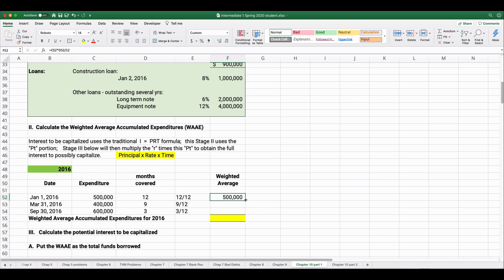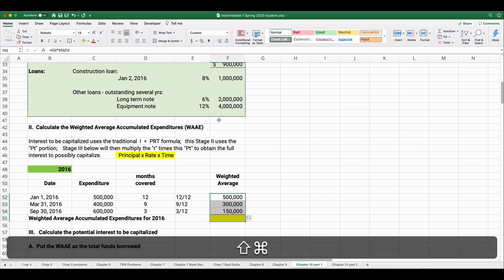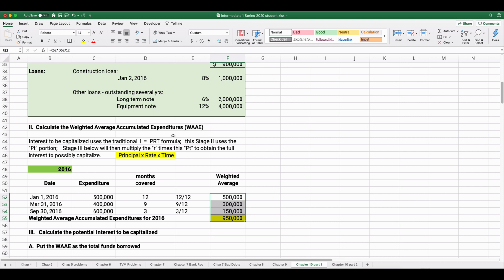But you'll see what happens is the weighted average will go down. 400,000 times 9 twelfths gives you 300,000, and then 600,000 times 3 twelfths gives you 150,000. So even though we made payments of $1.5 million, the weighted average, based on the time, is going to be 950,000. So the first step is we calculate the weighted average accumulated expenditures of 950,000.